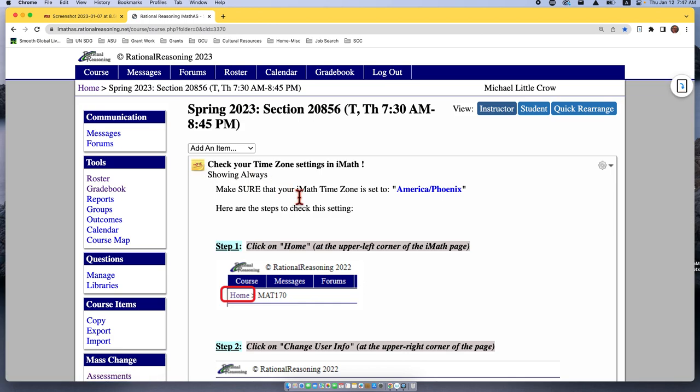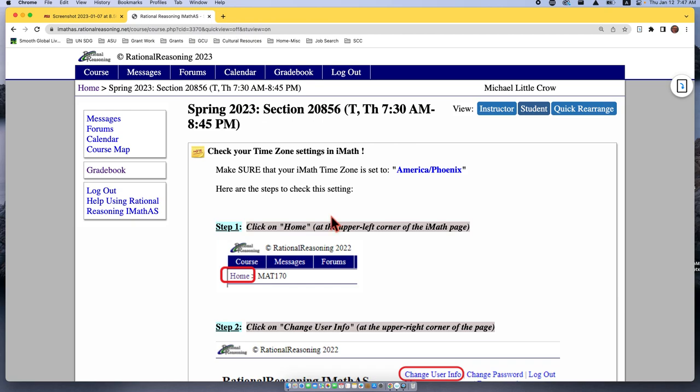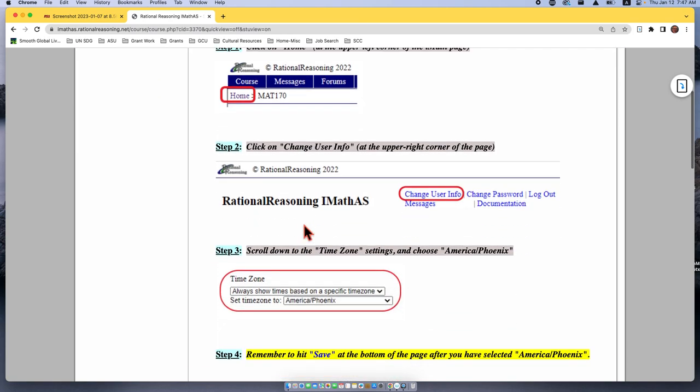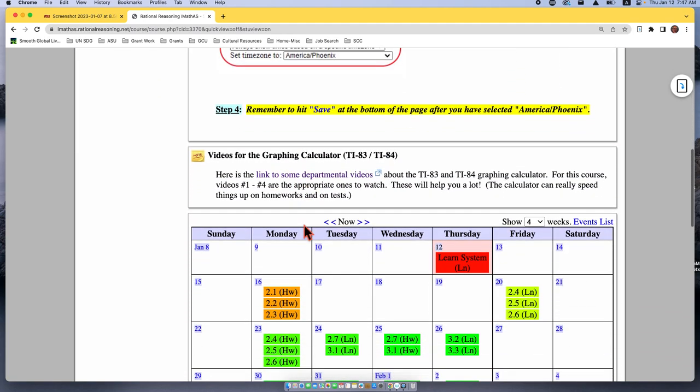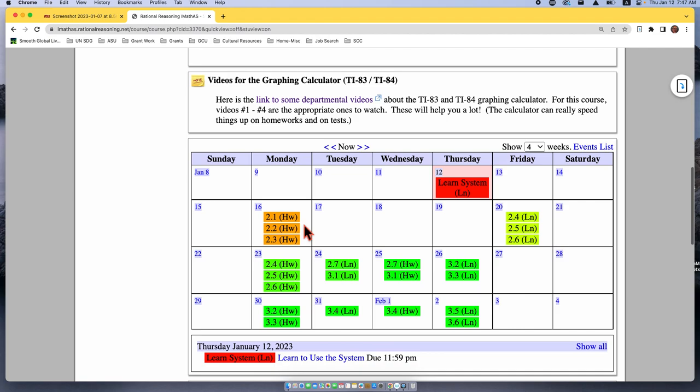Now you're under the student view. It may look a little different; you have fewer choices, but you've got stuff over here. What I'm going to show you is how to navigate. As you go down here, there's this calendar, and you can get into the stuff that's here.